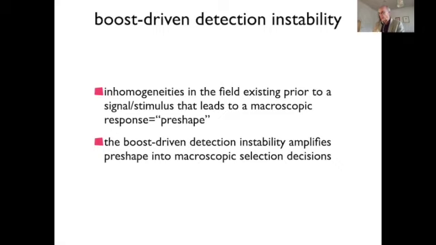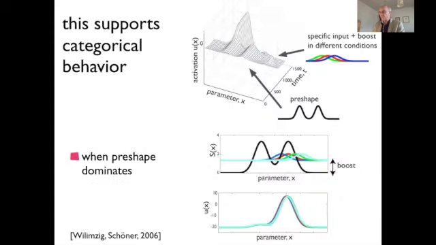So I don't have to repeat that here. This illustrates the same mathematics, but just a quantitative difference. Now we're looking at a field where the preshape is sizable, and the specific input, the imperative signal, is just a small localized input, smaller than the preshape, but with a sizable boost, so all choices get activated, so that the combination of this localized input, the boost and the preshape makes you go through detection threshold.